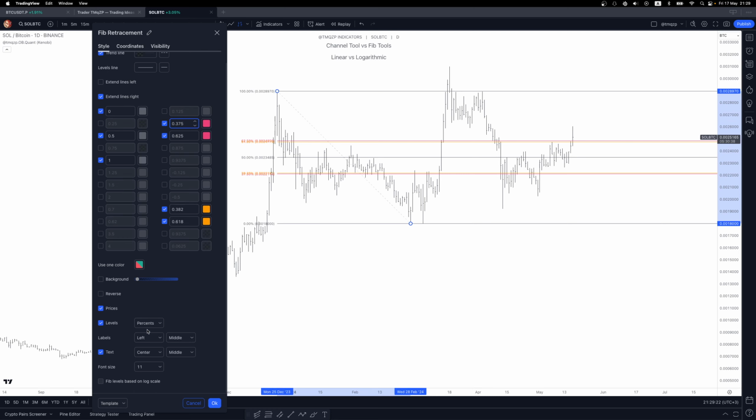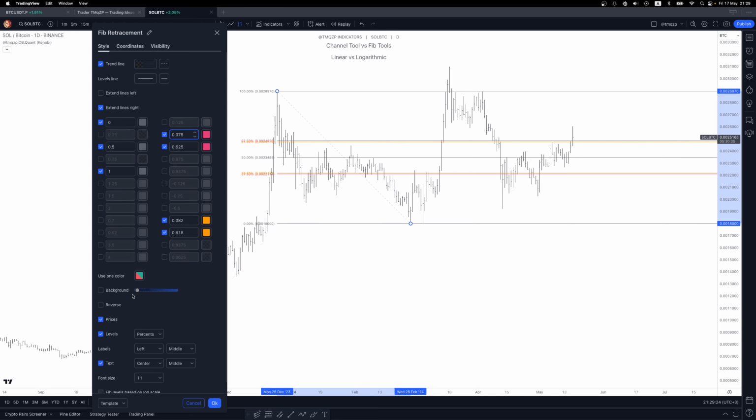Because if you now take this option here, where is it? Reverse. If we reverse this, it's going to flip this point here and this point there. You can see 100 is above, 0 is below. If we reverse it, now 100 is below, 0 is above, but these lines don't change. Why? Because they're symmetrically opposed.